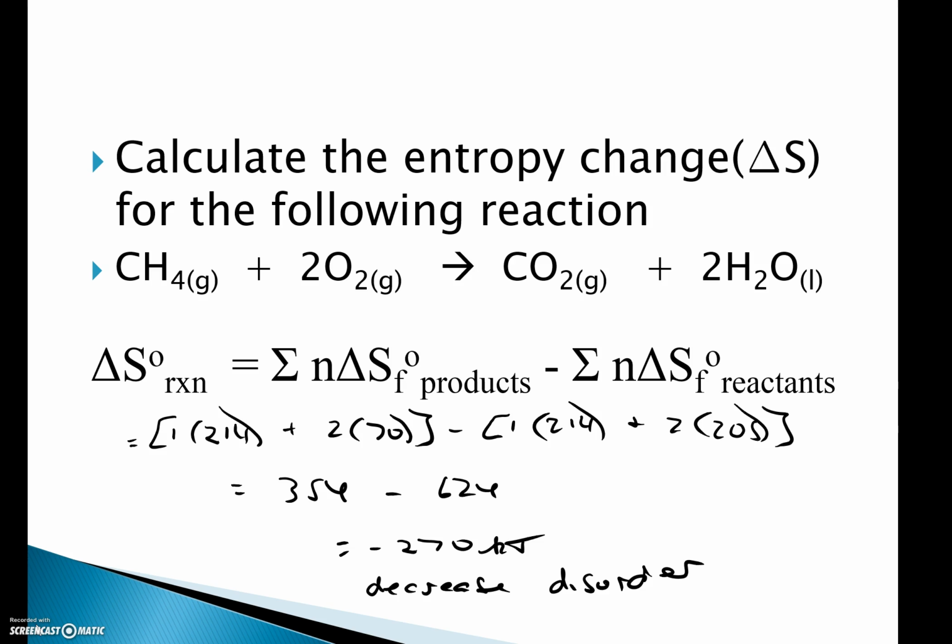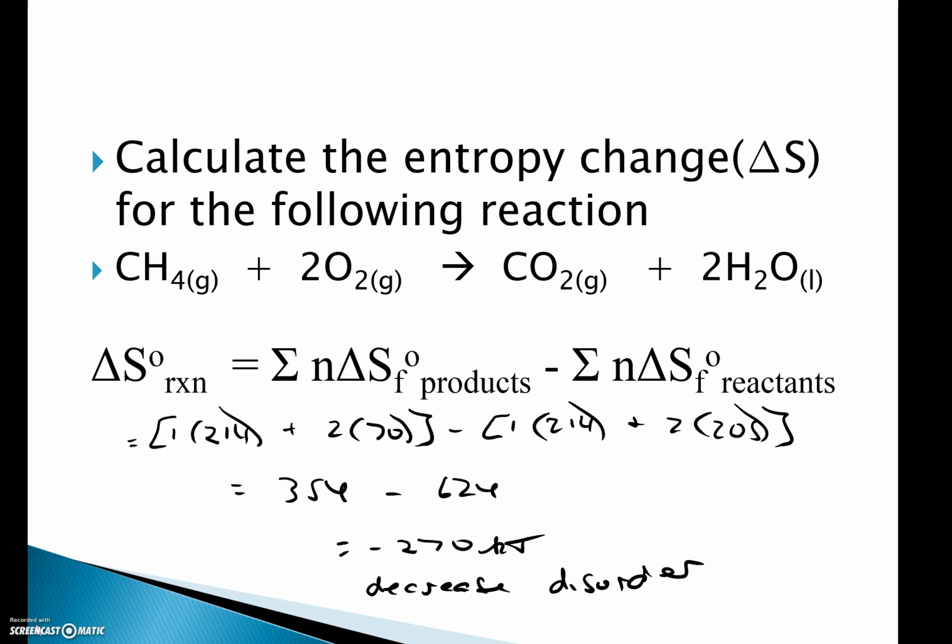So when we plug those values in, we'll have 1 times the entropy of carbon dioxide, which is 214, plus 2 times the entropy of liquid water, which is 70. We'll add all that together. That's the sum of our products. We'll take 1 times the entropy for methane plus 2 times the entropy for oxygen and add that all together, and that'll be the sum of our reactants.